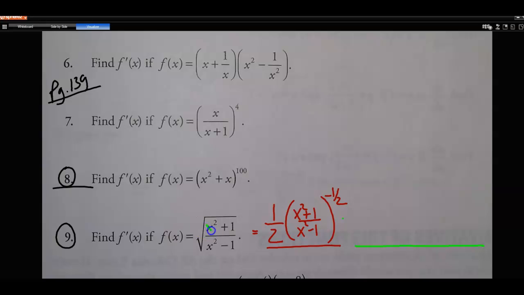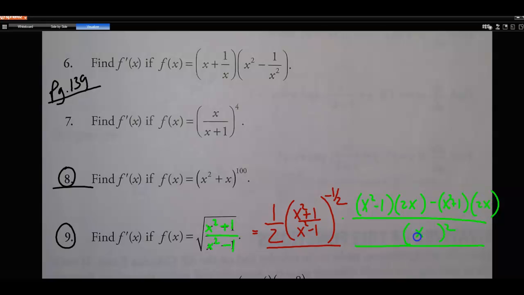Now the inside is a fraction, a rational expression. And the way that you find the derivative of a rational expression is you do the quotient rule, which is low d high minus high d low, draw a line and square below. So low d high minus high d low.